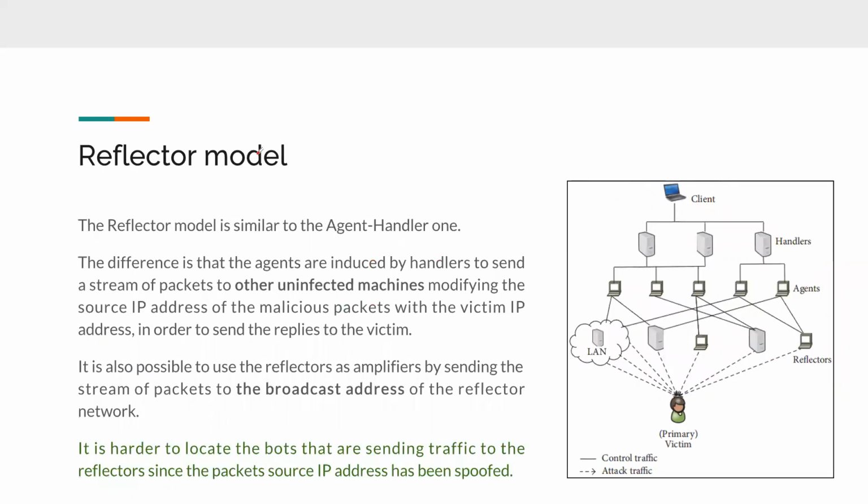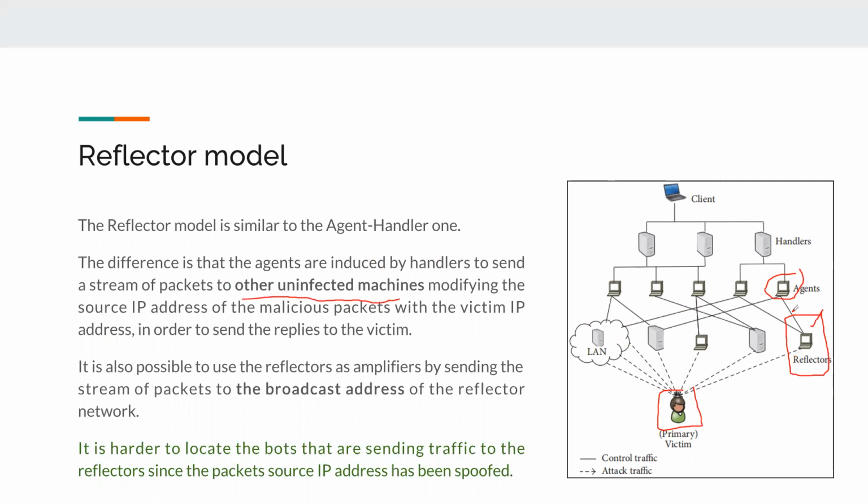The second one is the reflector model. Unlike the agent handler model, you can see that the agents do not directly attack the victim. Instead, they are sending the packets to the reflectors. Reflectors are basically uninfected machines.